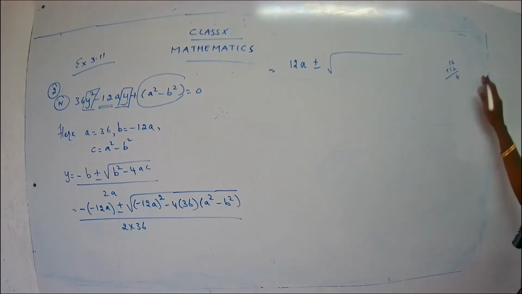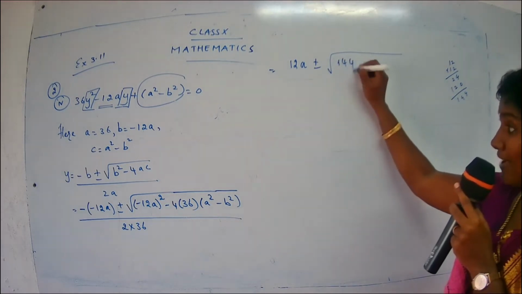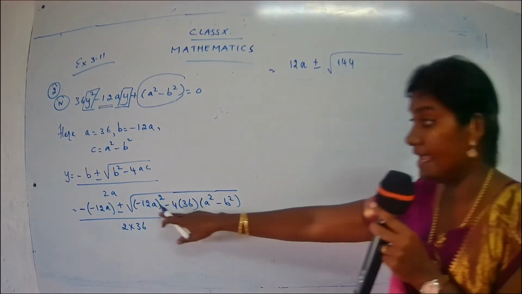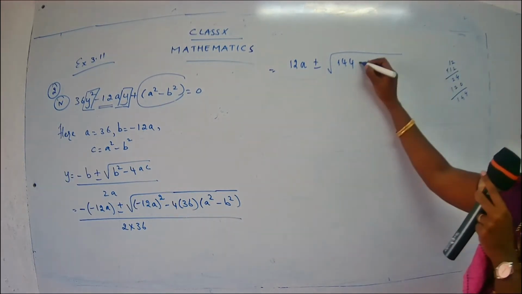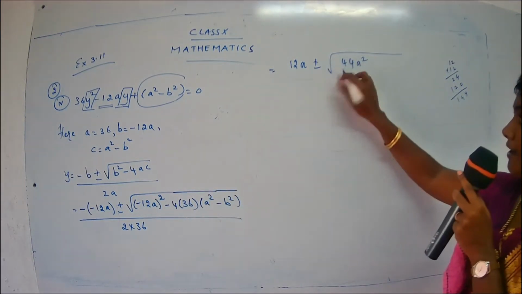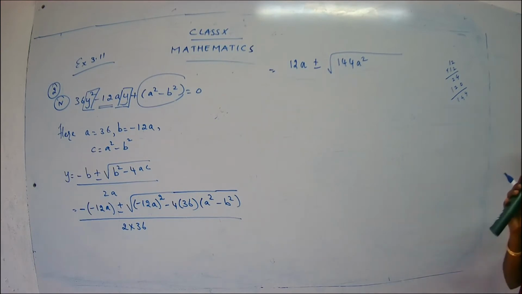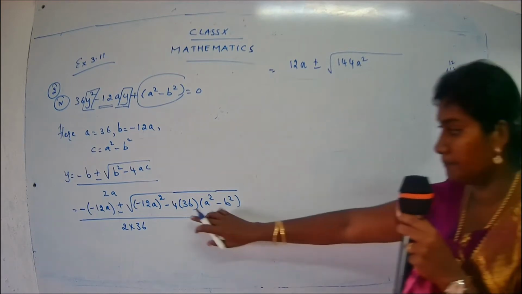It's 144. And what you have along with 12? It's a. So a into a square. Minus minus plus. So you get 144 a square.